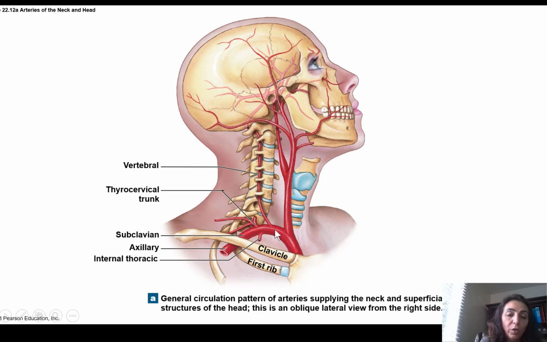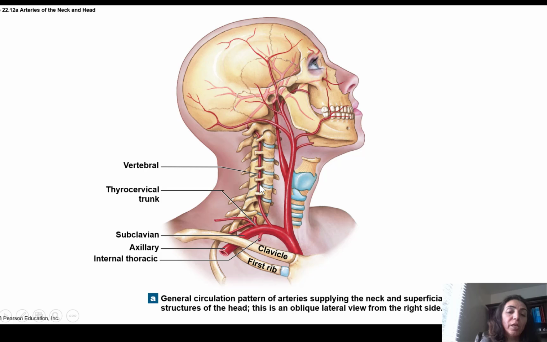And pay attention to the location of the subclavian artery, which passes under the clavicle but over the first rib, sandwiched between these two. Also, we already talked about the cervical vertebrae, and we have seen the hole on each cervical vertebra.